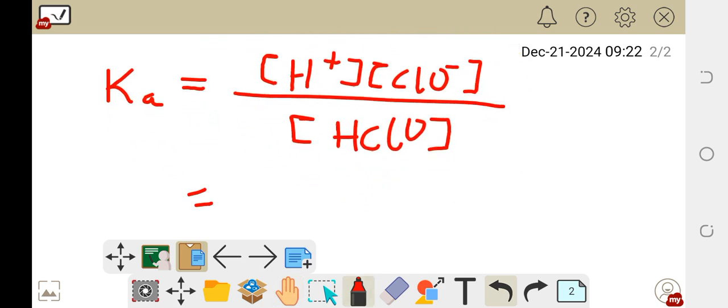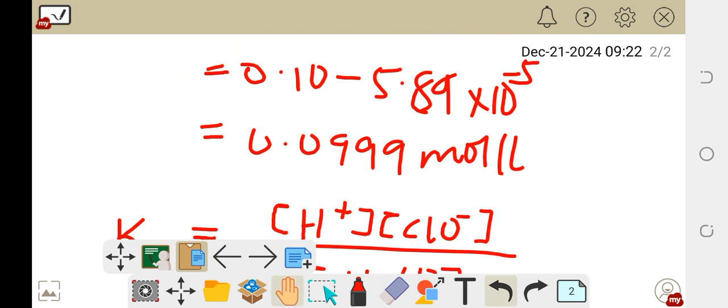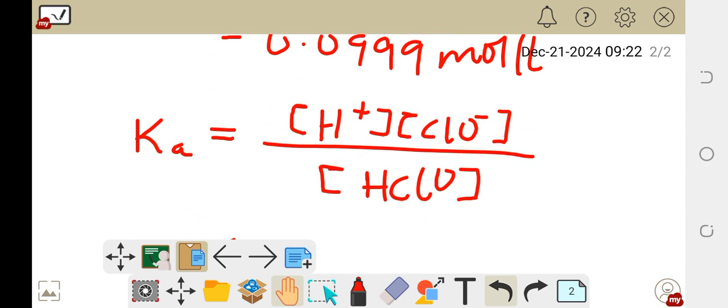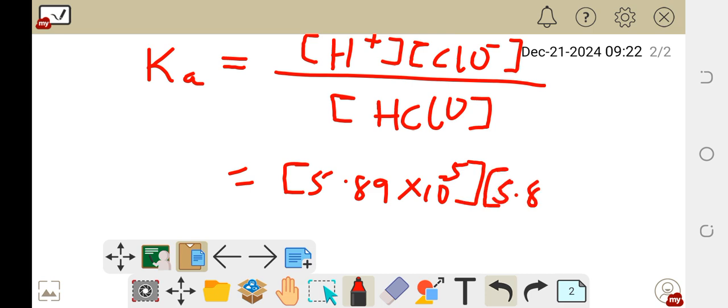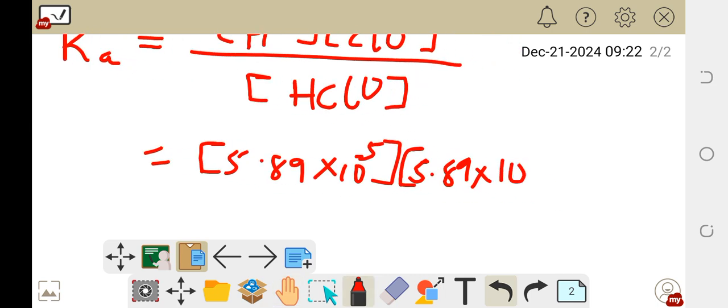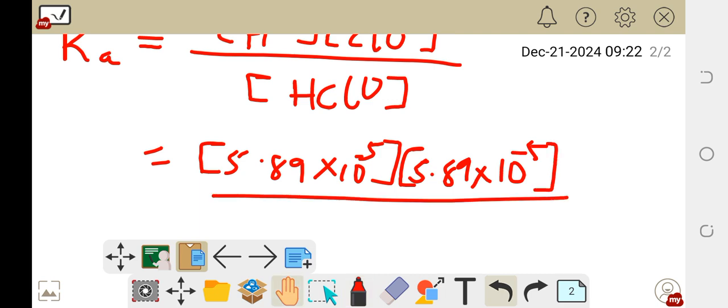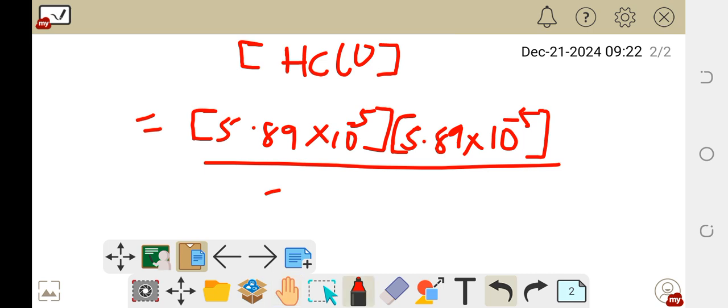So we have 5.89 times 10 to a power of negative 5, multiplying 5.89 times 10 to a power of negative 5, divided by 0.0999.